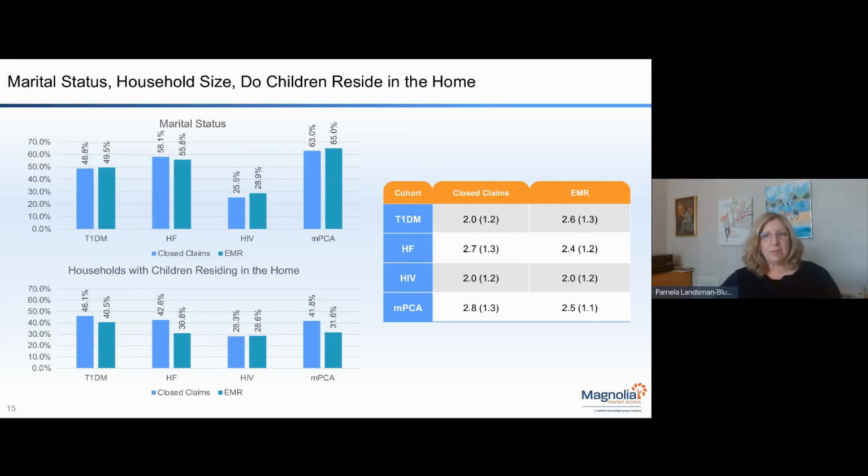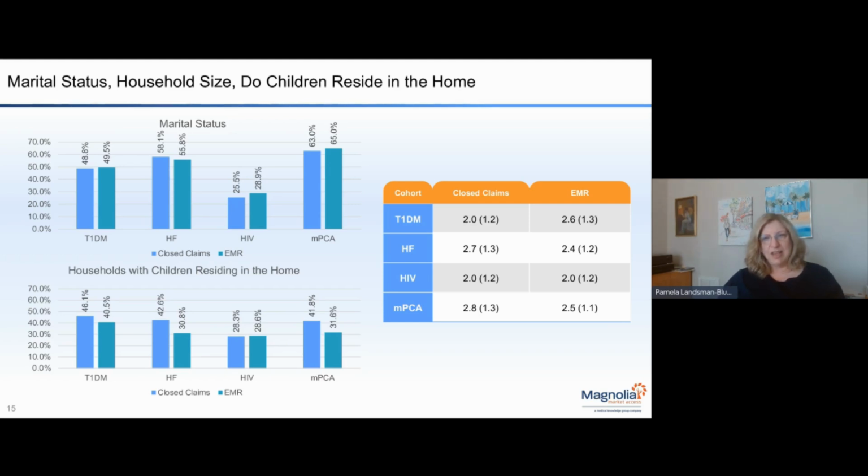Next we looked at some information having to do with the household. We looked at marital status of a patient, the household size, and whether children reside in the home. You can see marital status in the upper left is pretty similar between the two data sources.